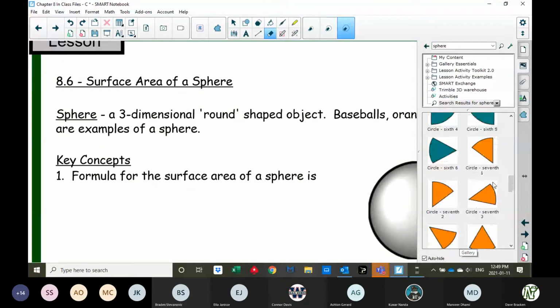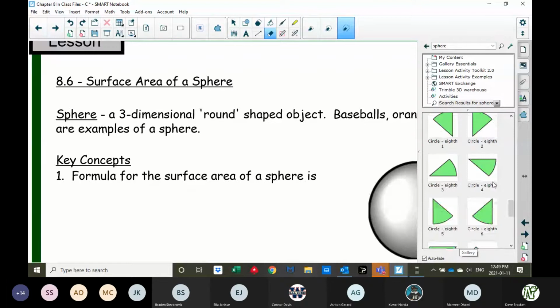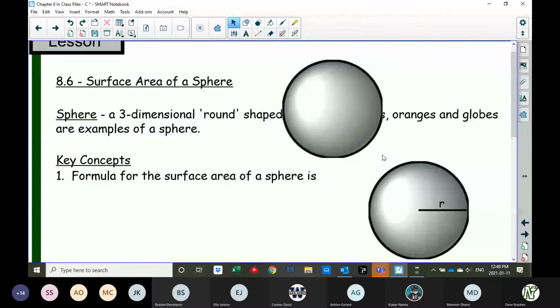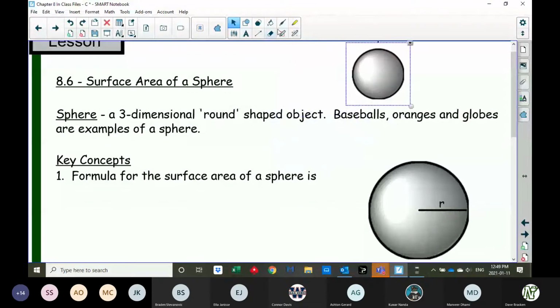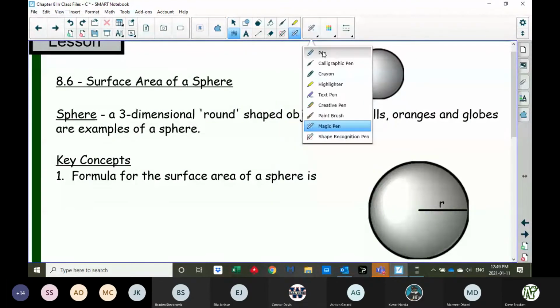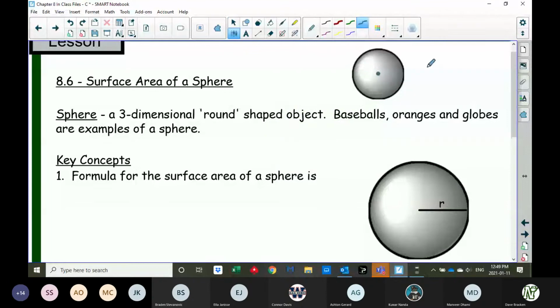But in a sphere like this, if this is truly a sphere and I find the middle, and the middle is right, let's say there, the distance from this middle to here, or the distance to here, or the distance to here, and this is all three dimensions, anywhere you go is the exact same measurement. There's not one that's going to be longer than the other. That's the technical definition of a sphere.